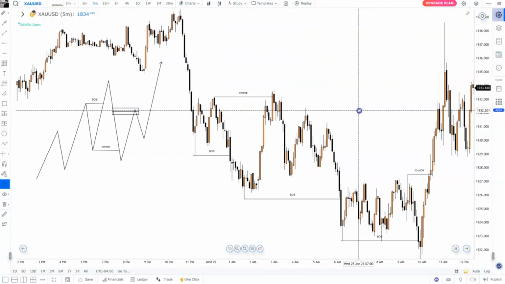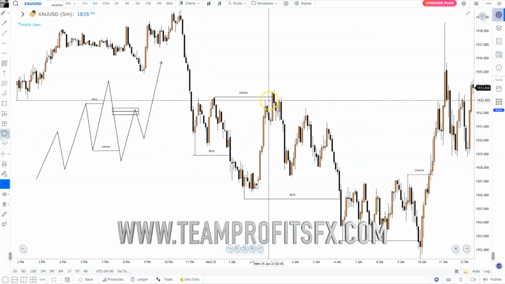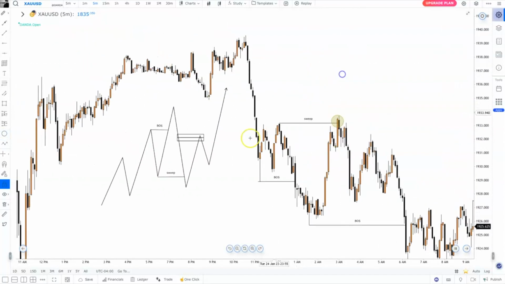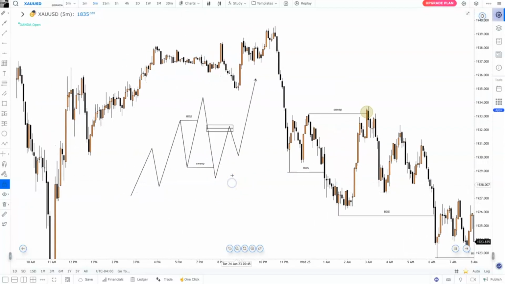But you see that right here, this type of trap will happen. This is just manipulation. The market will do this type of sweep most of the time.